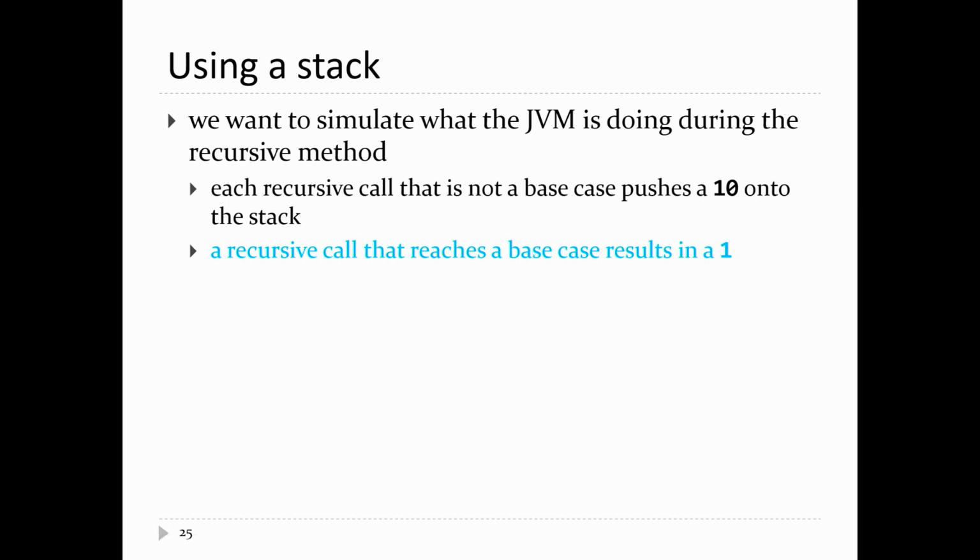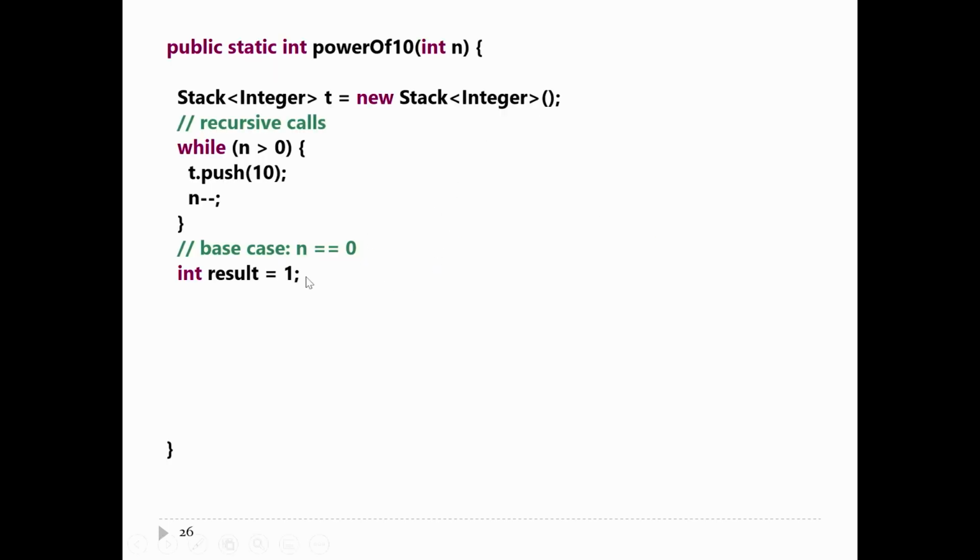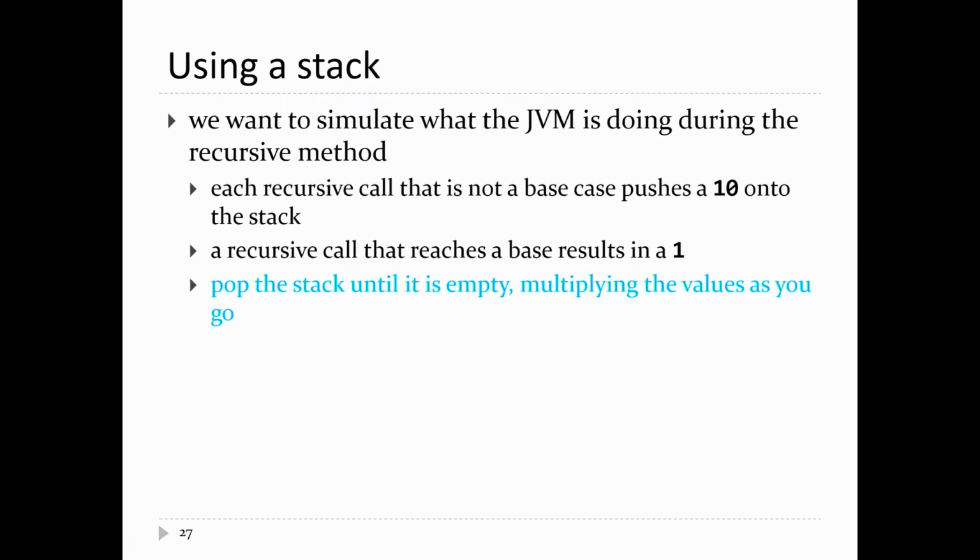So I'm going to start with 1 and then multiply it by every 10 that's on the stack. My result is 1, and now pop the stack until it's empty, multiplying the values as you go. This simulates the return value of every method. When you return from a method, you take the result and multiply it by 10.